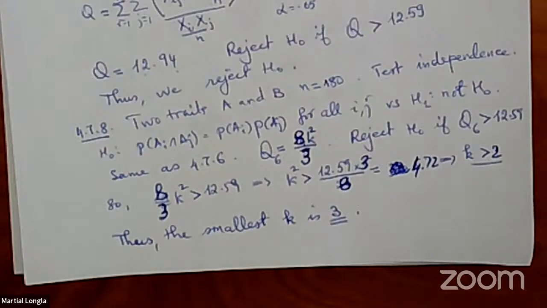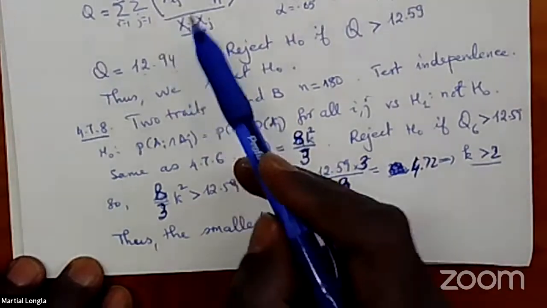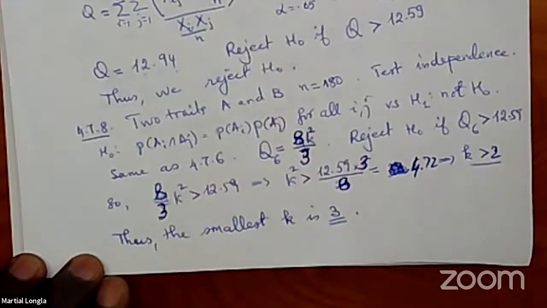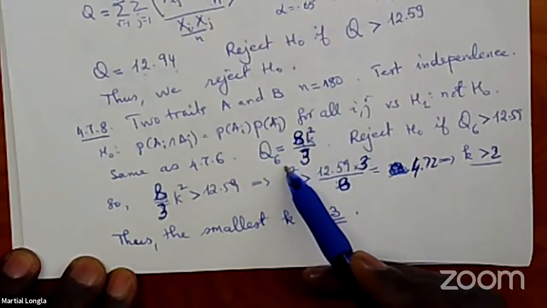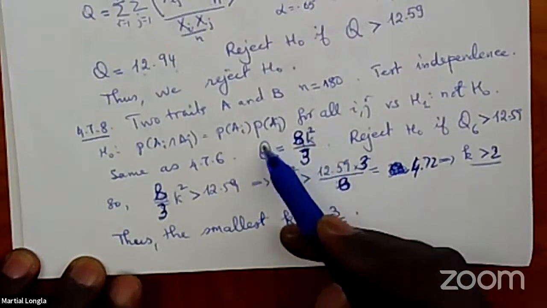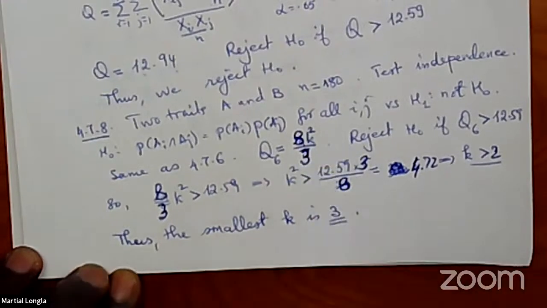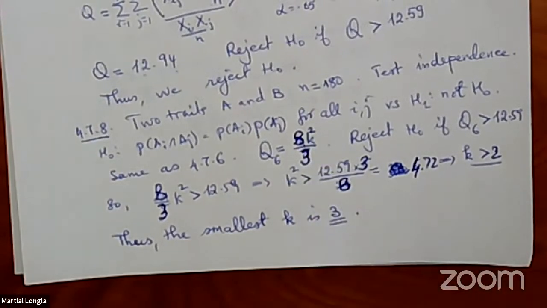So it's the same formula that is applied. And when you apply that, you get that Q with 6 degrees of freedom is equal to 8K squared over 3. So you easily add those things there.